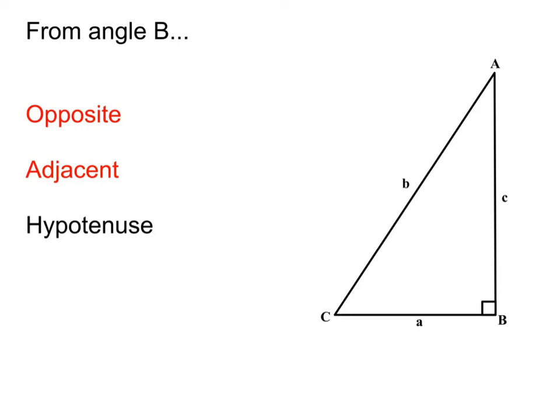Remember how these have to rely on it being a right triangle? So we already have to know that one of our angles is 90 degrees. It's just a matter of which one of the other two we're going for. So if you were saying from angle B, our right angle, the opposite and adjacent would not make sense to discuss. The hypotenuse still makes sense, but not opposite and adjacent, and you won't be asked for it from the right angle like that.